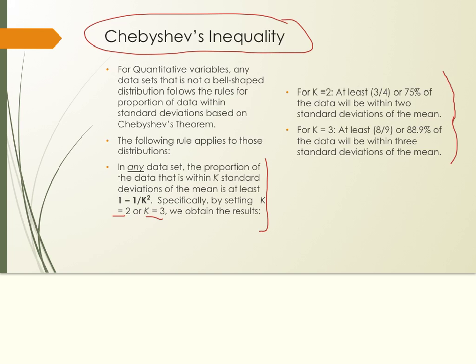And so the way we calculate it for k equal to 2, we would get 1 minus 1 over 2 squared, which is equal to 1 minus 1/4, and 1 minus 1/4 is equal to 3/4. So you get the idea of how Chebyshev's inequality works.